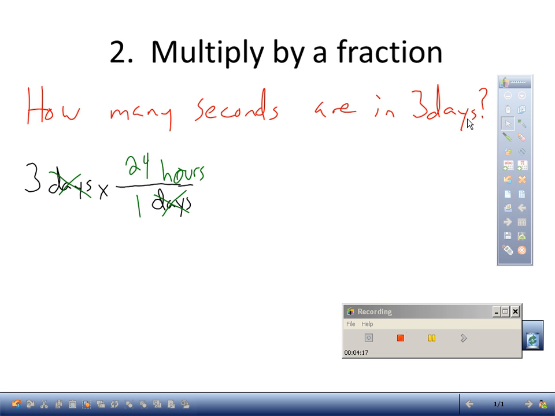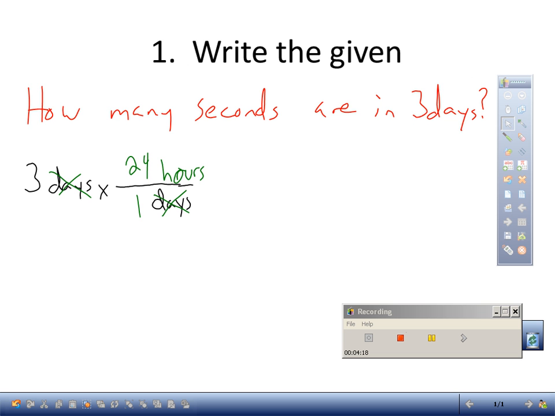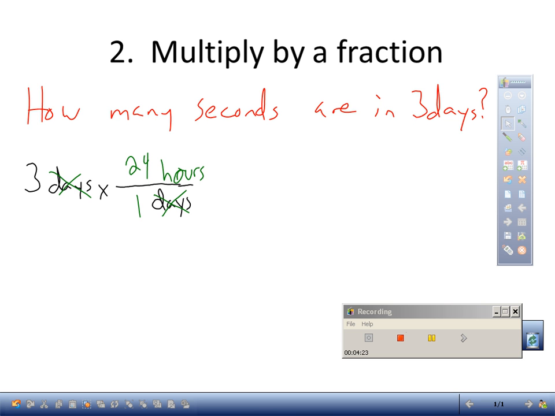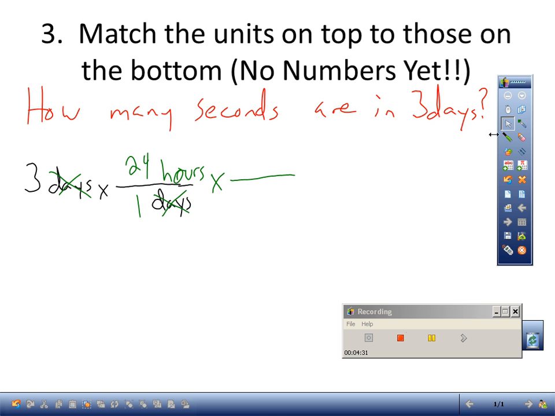Well, let me scroll back to rule number 1, I already wrote the given. It's 24 hours, it's right there. So now I need to multiply by another fraction. Okay, and rule number 3, match the units on top to those on the bottom. So I take my hours and I put it down here.